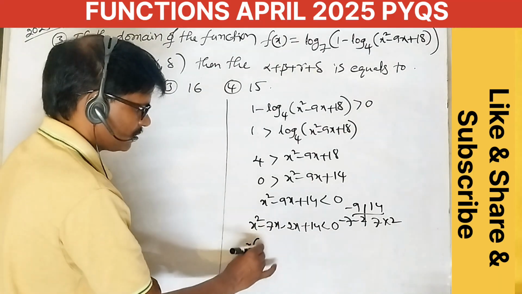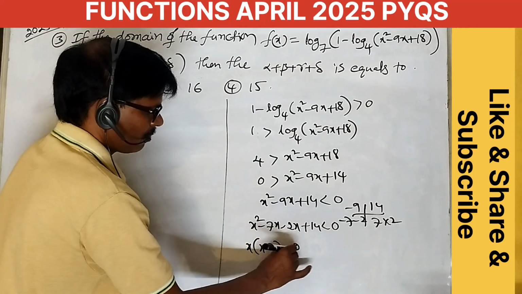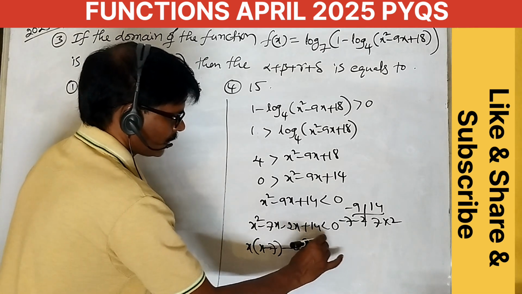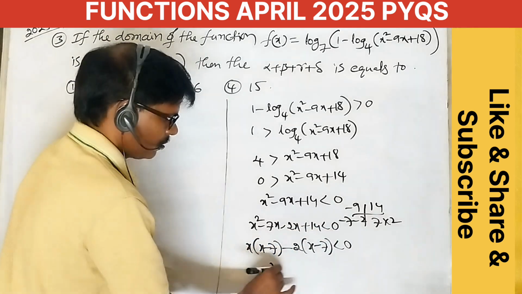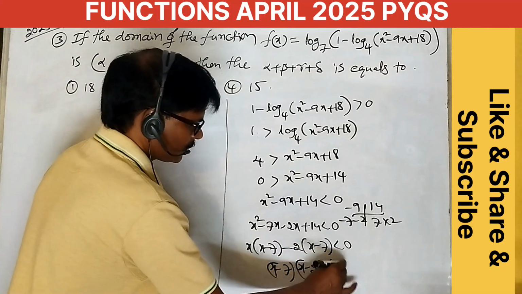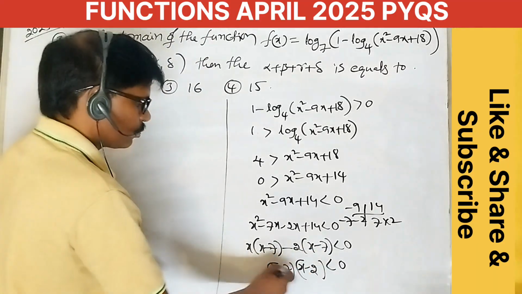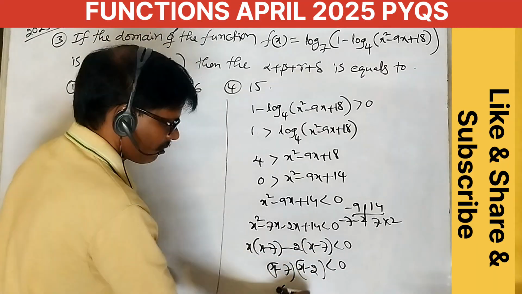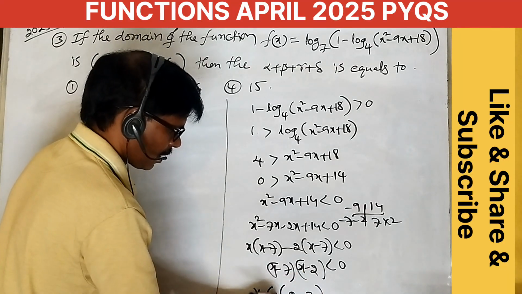Taking x common and minus 2 common, we get x minus 7 into x minus 2 is less than 0. What is the x value? 2 comma 7, the open interval. X belongs to 2 comma 7.